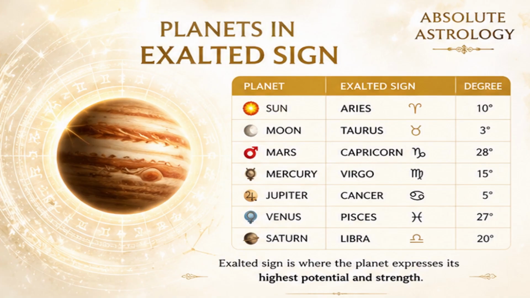Kendra houses, as I told from my first video itself, quadrant houses, are very auspicious houses, and they are 1, 4, 7, 10. Fourth is more powerful than 1, 7th is more powerful than 4th, and 10th is more powerful than all. That is why I'm saying the 10th house is very powerful. So the debilitated planet is placed in any of these, or it is placed in Kendra from the Moon.